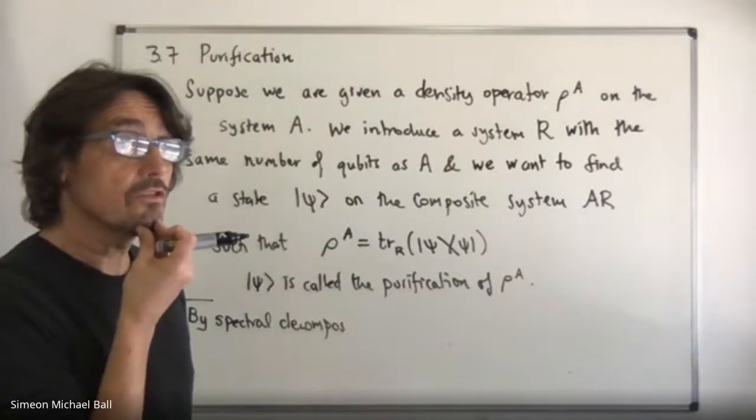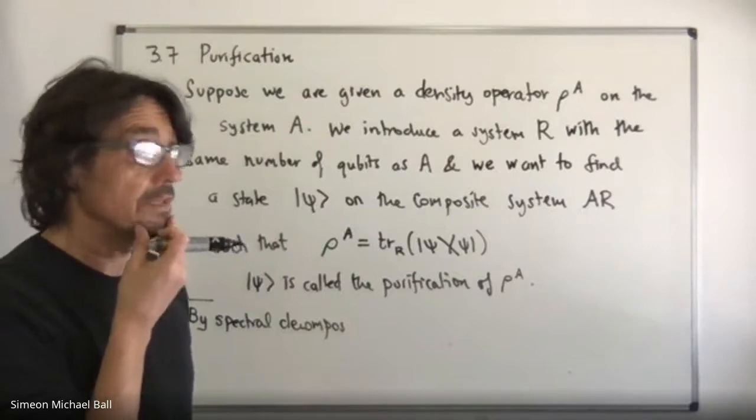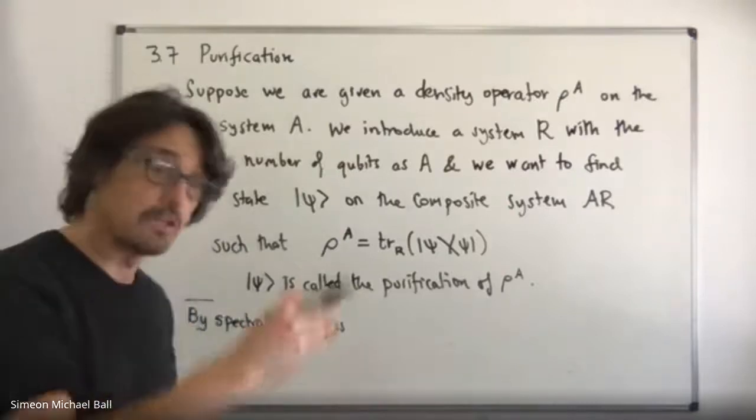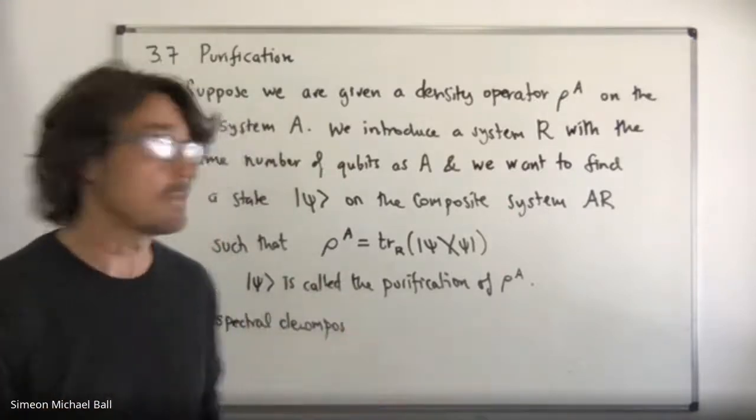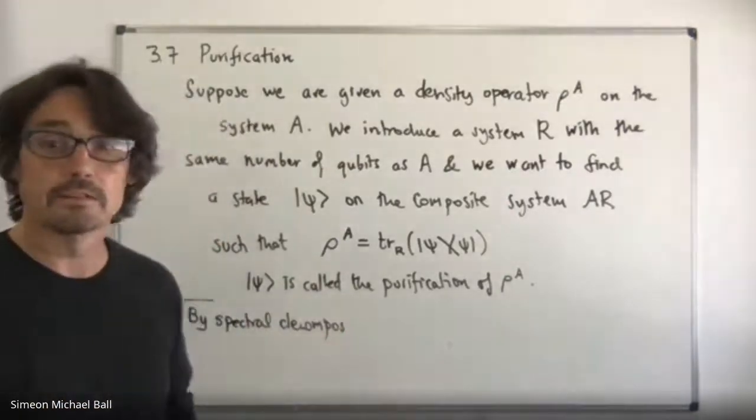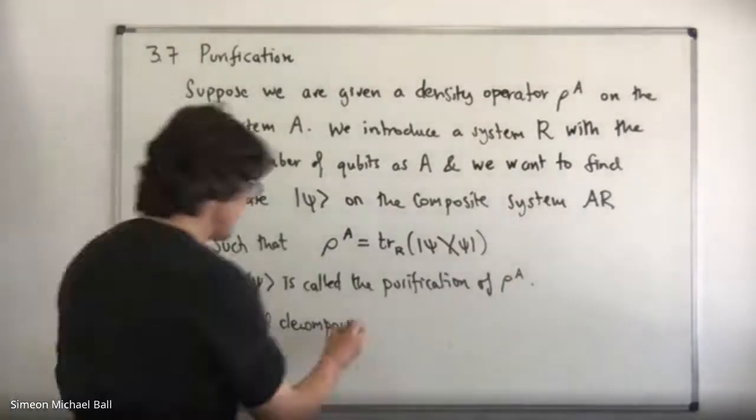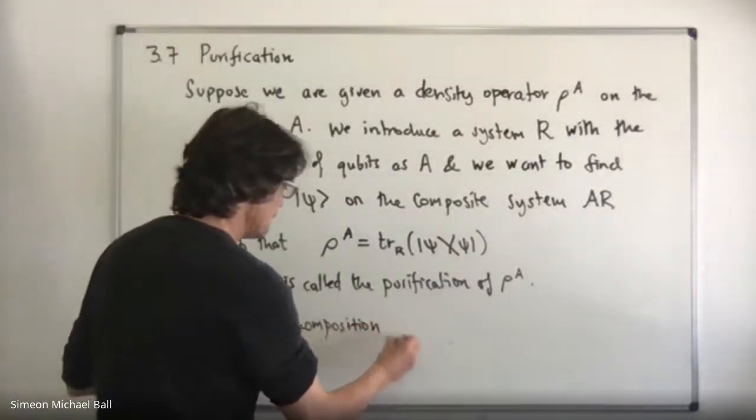Could you find it on less? Probably, yeah. But you only need to add as many qubits as are in A.